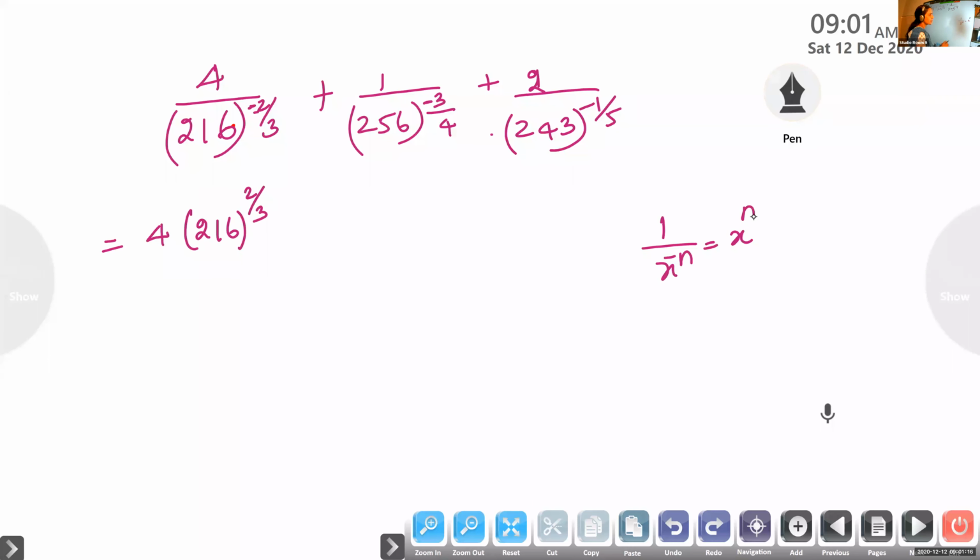It means x raised to n. So 1 by x raised to minus n is x raised to n. Plus 256 raised to 3 by 4, plus 2 into 243 raised to 1 by 5. Now substitute the values and simplify.